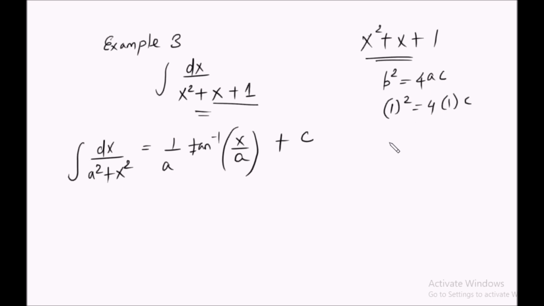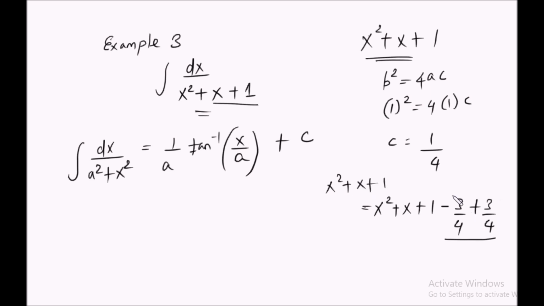So our c is going to be 1 squared, which is 1, over 4 times 1, which is 4, so it is supposed to be 1 over 4. So what do I do to have 1 over 4 so that I get a perfect square? I have to write x squared plus x plus 1 minus 3 over 4 plus 3 over 4. You can see that adding this is just the same as x squared plus x plus 1.